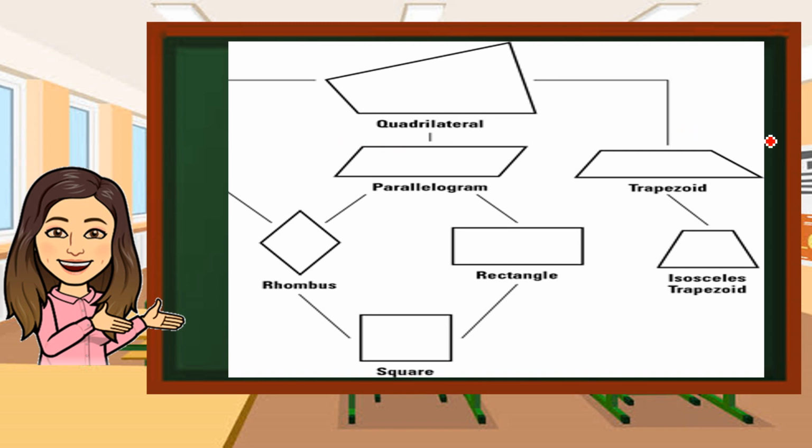So the mother of all of these is the quadrilateral. It has 2 daughters, let's just say daughters: the parallelogram, and the other one is the trapezoid.